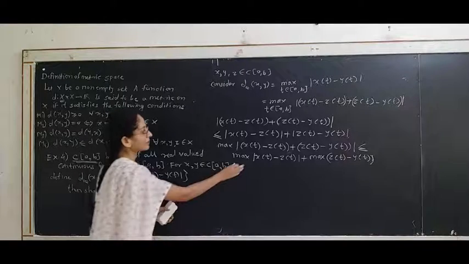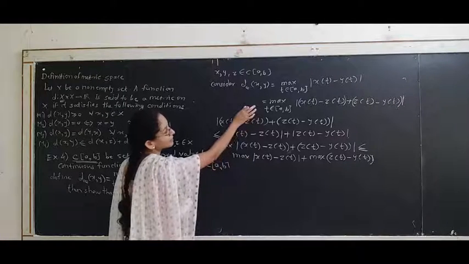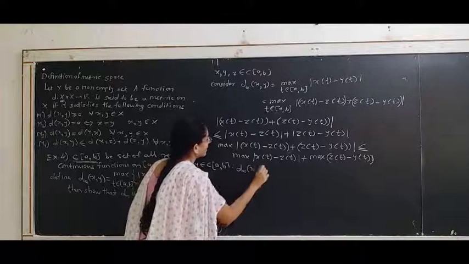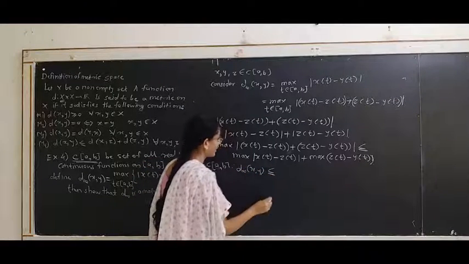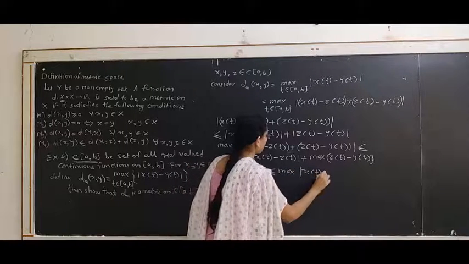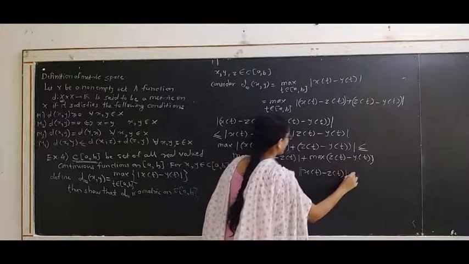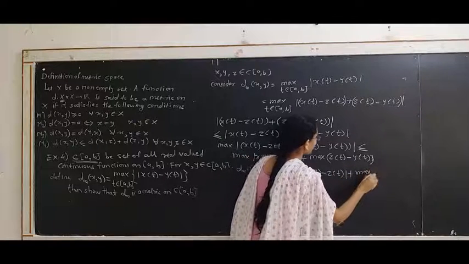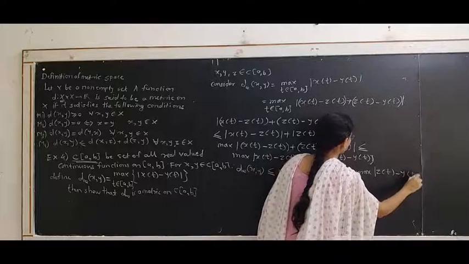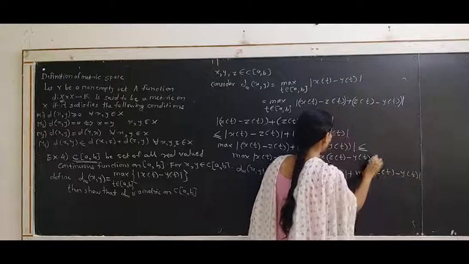Therefore d infinity of xy is less than or equal to the maximum of mod of x of t minus z of t plus the maximum of mod of z of t minus y of t.